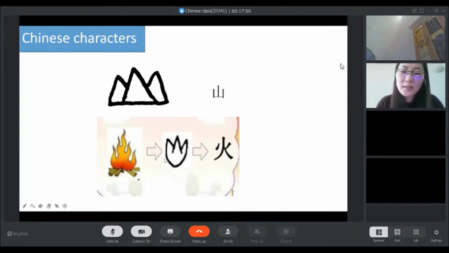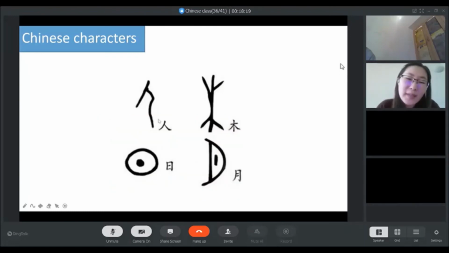Because it's a long history language, over 3,000 years, when people use the word, it gets changed again and again. So in ancient time, fire is written this way, and now we write like this. Fire. And other ones are the same.